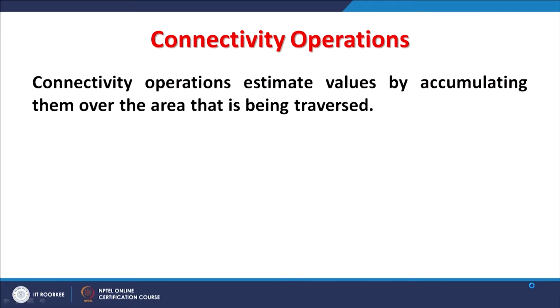Basically here also, like in interpolations, the estimations are done. So, here connectivity operations estimate values by accumulating them over the area that is being traversed. If I give an example, if I have to climb a mountain, then initially I might be going at a little higher speed, but when I have spent 1 hour, it will take more time to travel the same distance, so that the tiredness is getting accumulated.